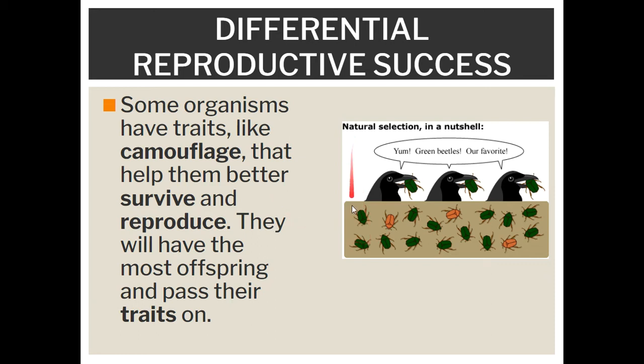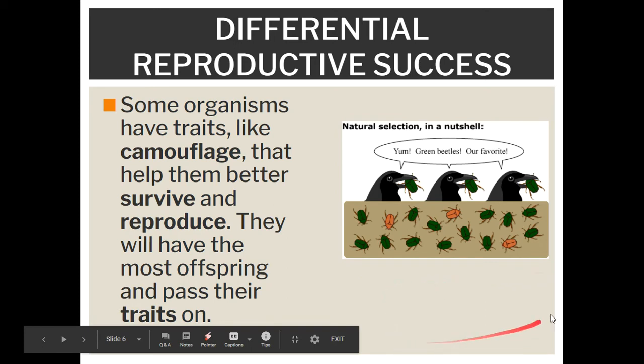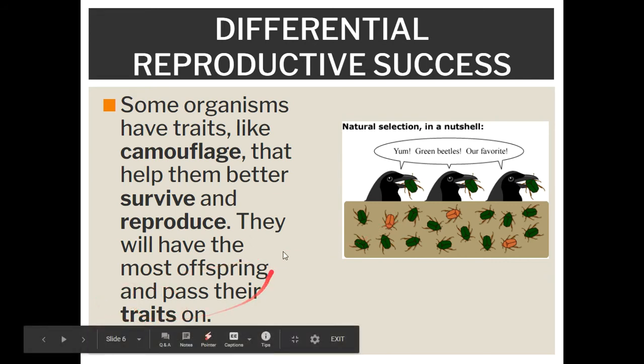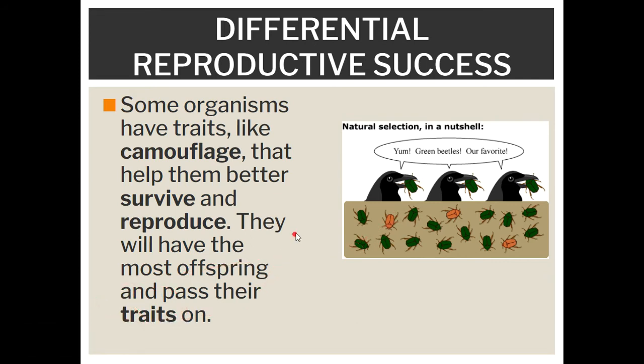So here's that example again of our beetles. The green beetles really stand out in the background, whereas the brown beetles are blending in, they're camouflaged just a little bit better. So if there was a second panel down here, we would probably see the number of brown beetles increase from 3 to maybe 6 or 7, because they survived, they will be able to pass on their traits to the next generation.